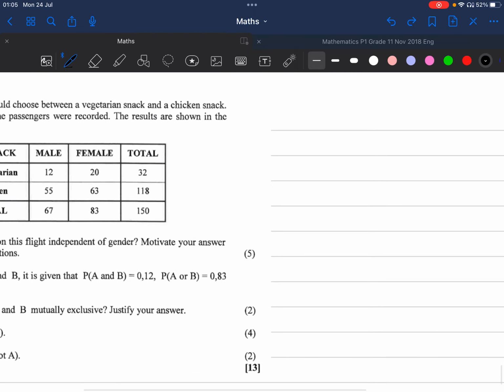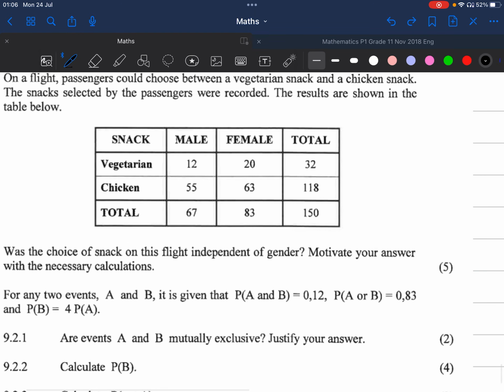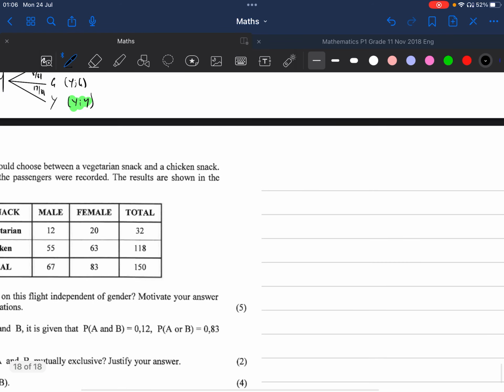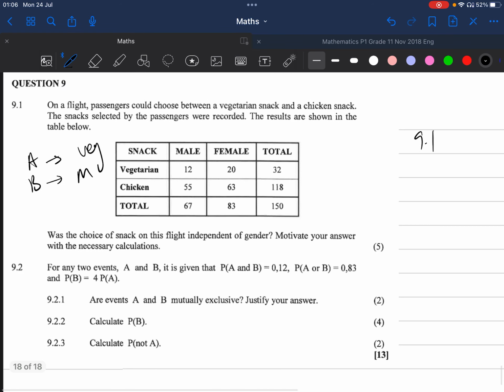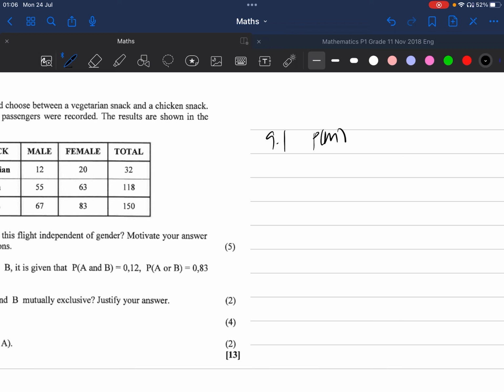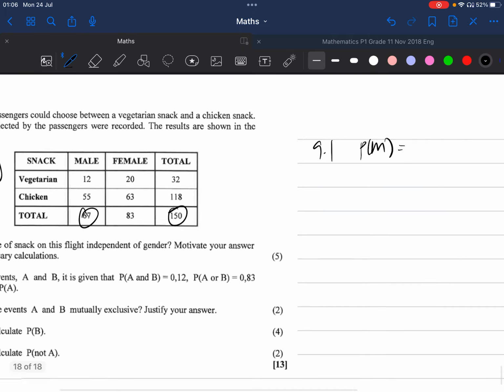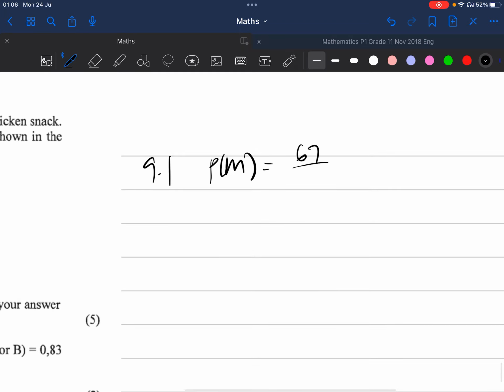So let's choose our events A and B. Let's make event A being vegetarian, so you chose the vegetarian snack, and let's make event B being male. The probability of being male was 67 over 150.